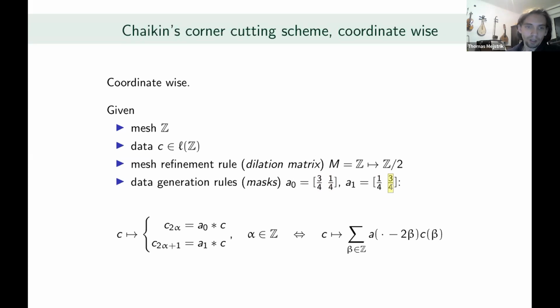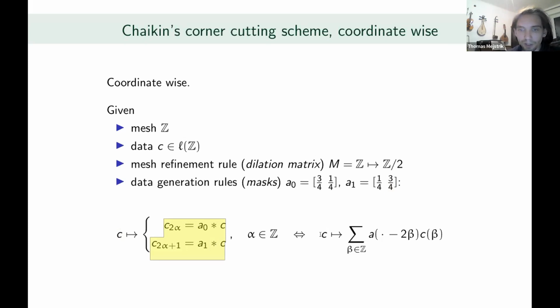And so one subdivision step can be written as: we have a sequence c and map it to another sequence where the even points are just the convolution with the one mask and the odd points are the convolution with the other mask. And now this new sequence is interpreted as data living on the set of halves, but mathematically, we can identify this with the integers again.